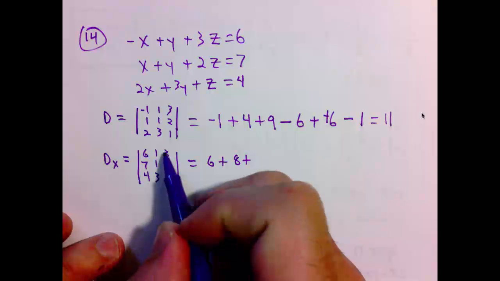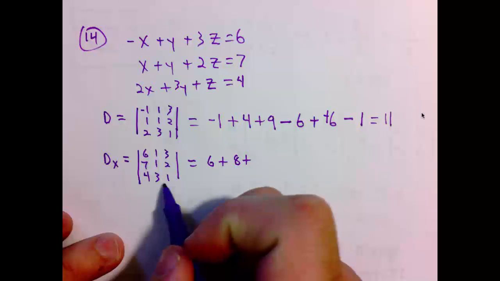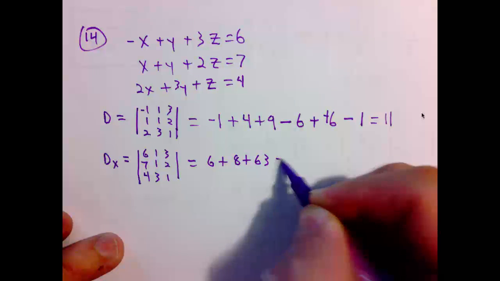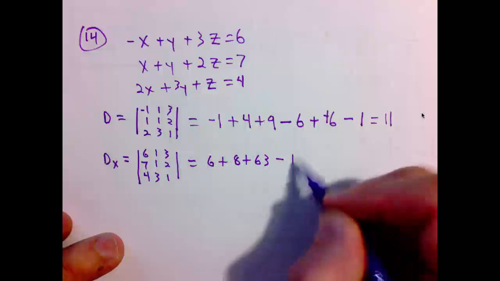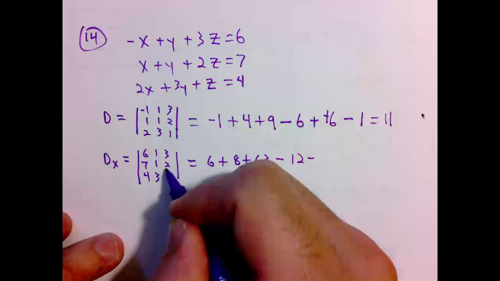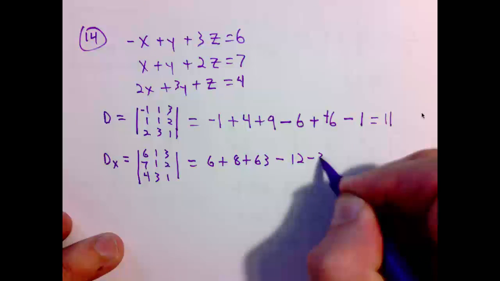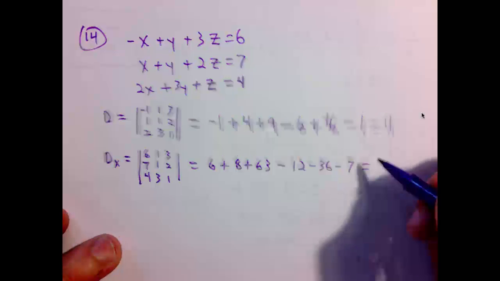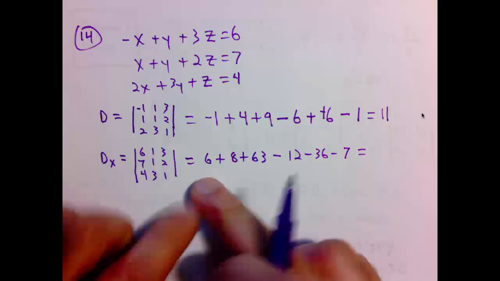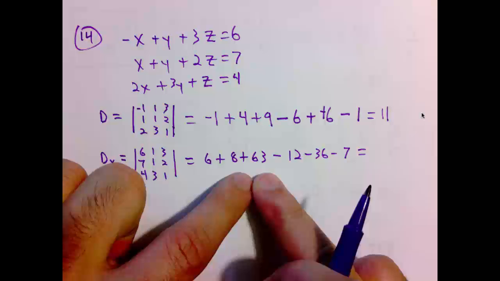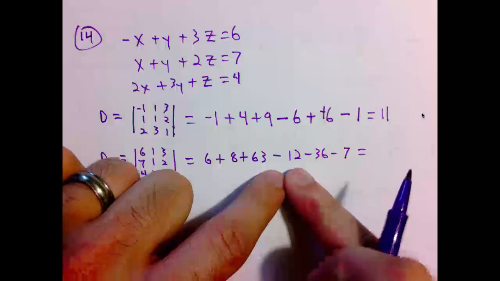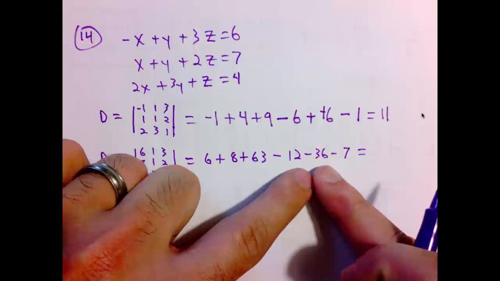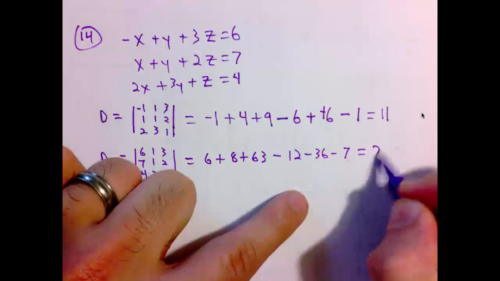Plus 3 times 3 is 9, times 7 is 63. Subtracting, 4 times 1 times 3 is 12, minus 3 times 2 is 6, times 6 more is 36, minus 1 times 1 times 7. All right, 14 and 63 is a 77, minus 12 is a 65, minus 36 is a 29, minus 7 is a 22.